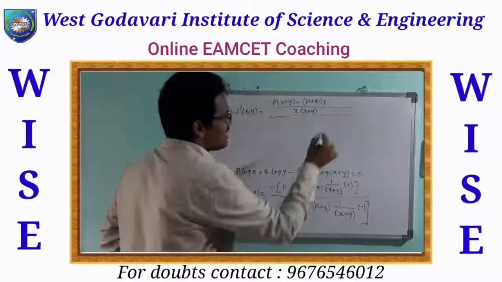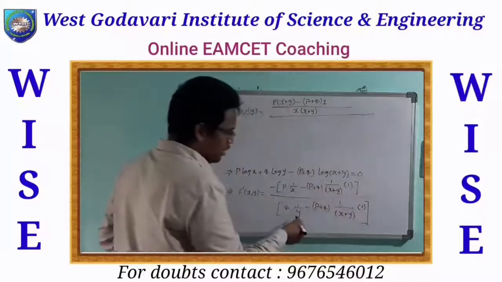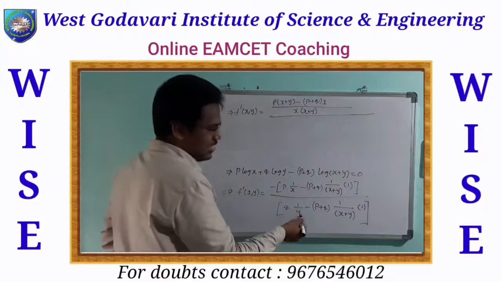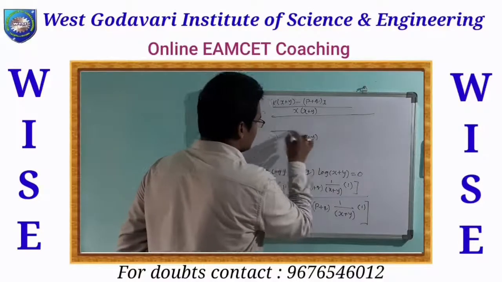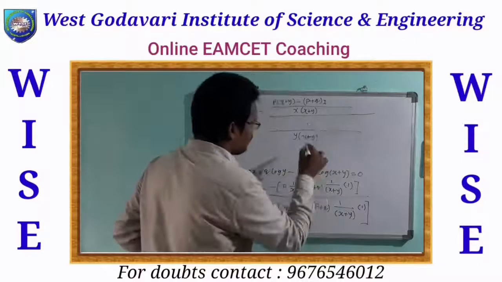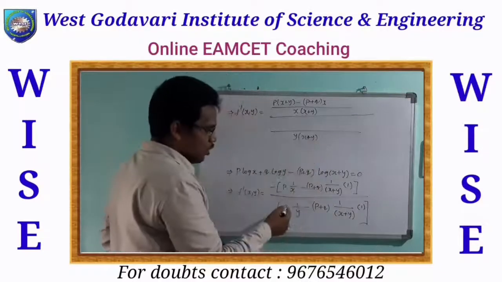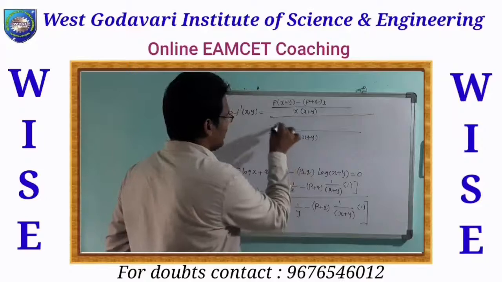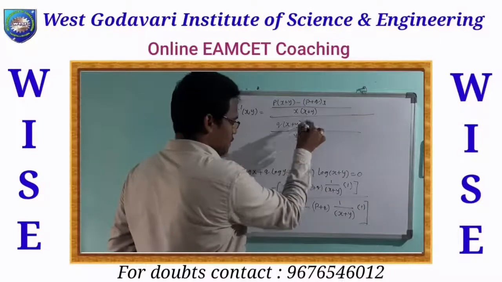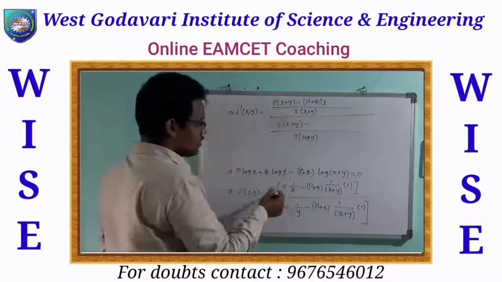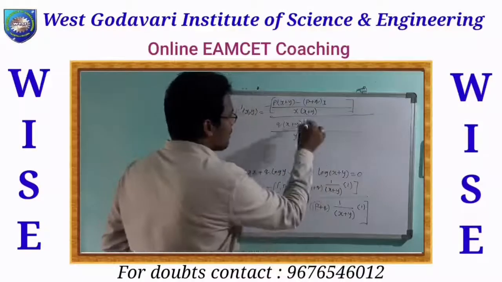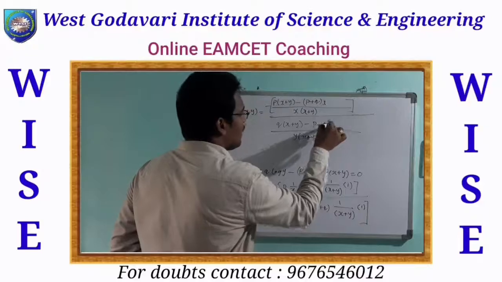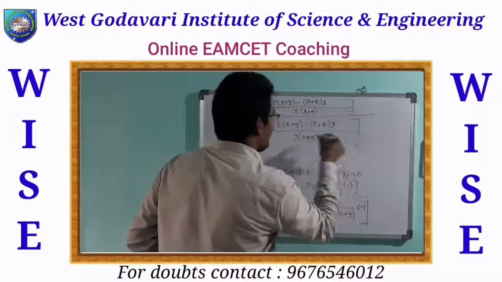As well, taking the LCM in the denominator, the LCM is y into (x plus y): q into (x plus y) minus (p plus q) into y. This is the denominator term.